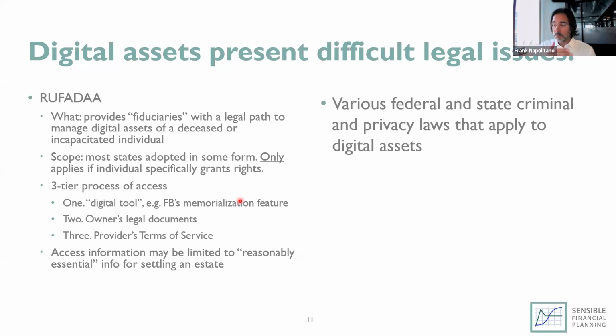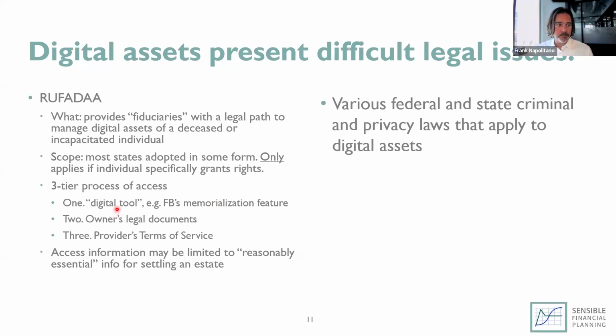You could choose to delete the entire profile, right? You can also choose to memorialize it, so your page and your history would continue to exist on Facebook in some form. There's some options there. But you can choose in advance and be very clear about the disposition of that asset after you are gone by using this digital tool. And that digital tool will supersede any other instruction.